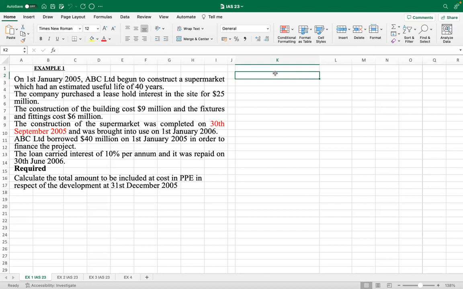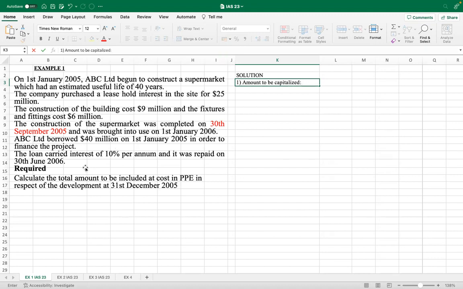So in our solution, we'll be looking at the amount to be capitalized. Now, in order to get the amount to be capitalized in this question, how much did we borrow? We borrowed 40 million. And the interest on the loan was 10%.